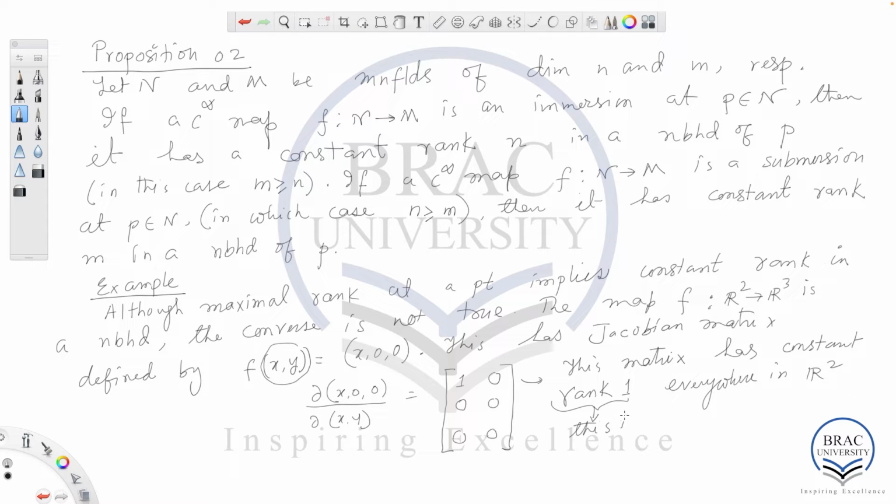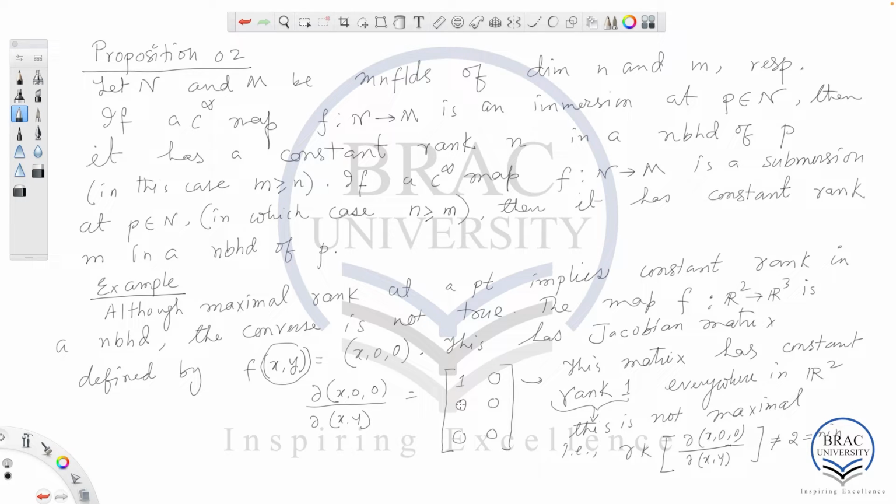This rank is not maximal, right? That is, the rank of this Jacobian matrix ∂(x, 0, 0) over ∂(x, y) is not equal to 2, which is the minimum of these two numbers.